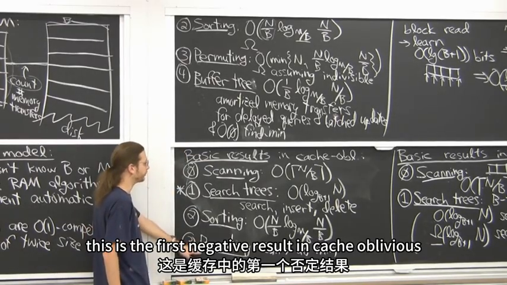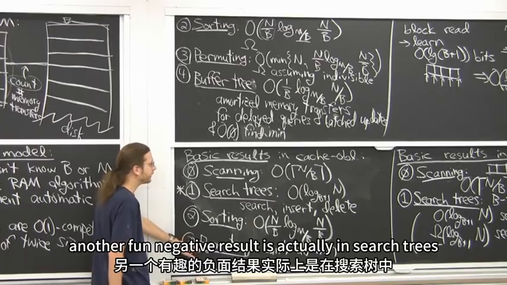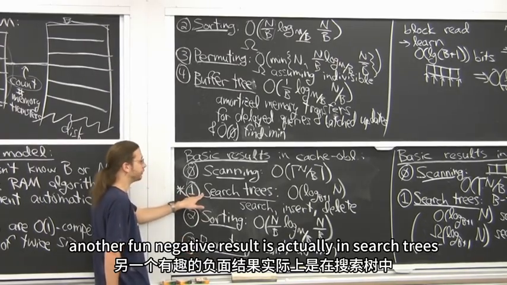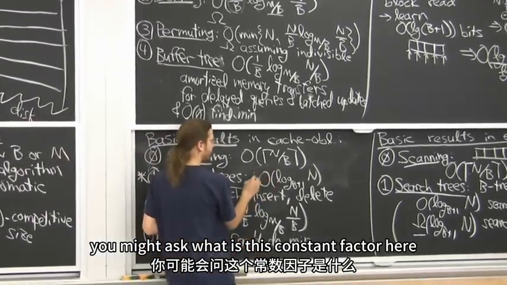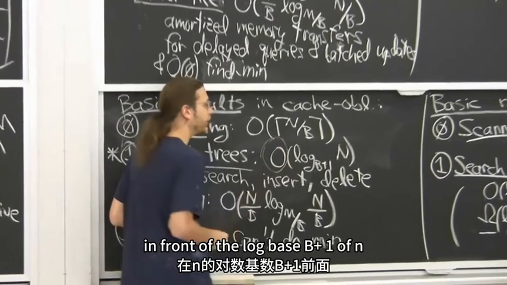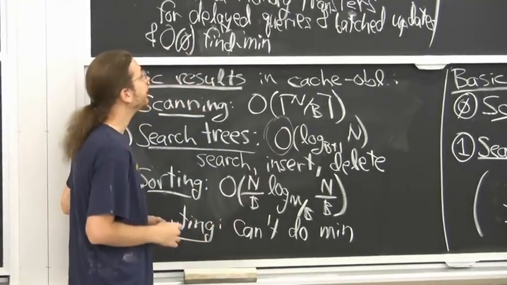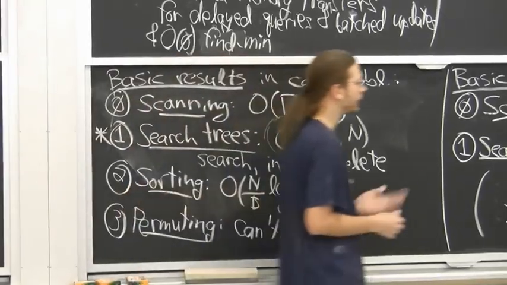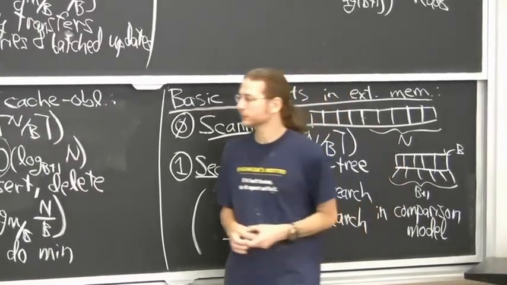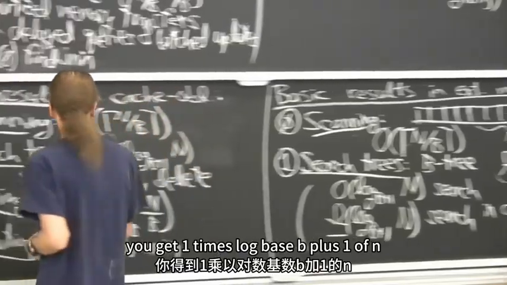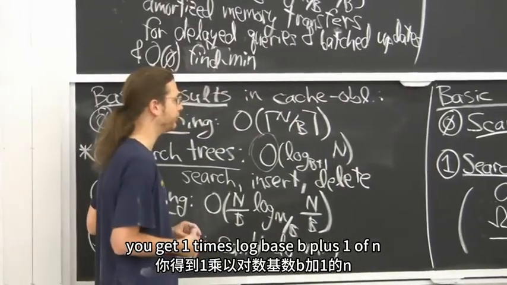This is the first negative result in cache oblivious. Another fun negative result is actually in search trees. You might ask, what is this constant factor in front of the log base B plus 1 of n? For B trees, the constant factor is essentially 1. You get 1 times log base B plus 1 of n.